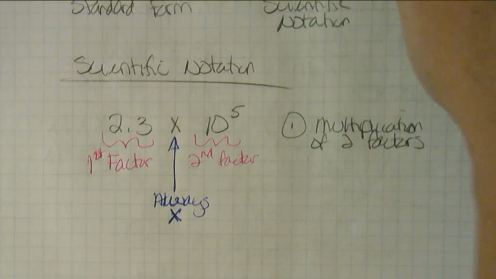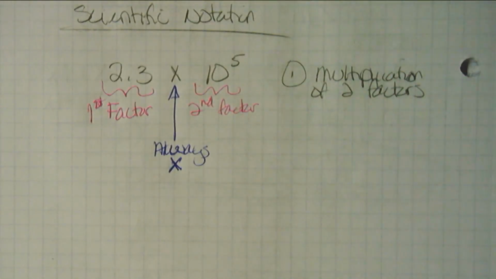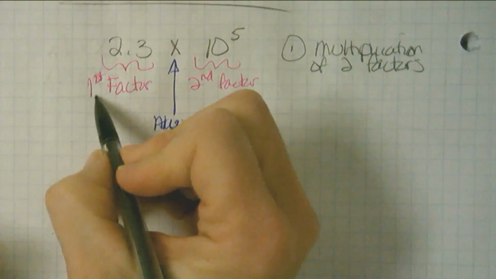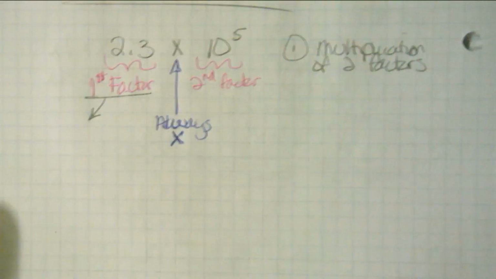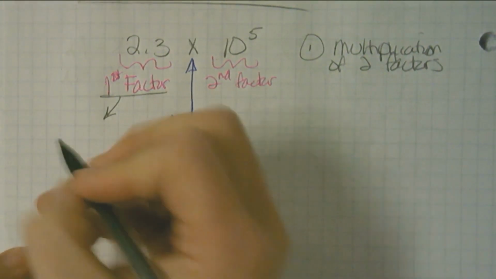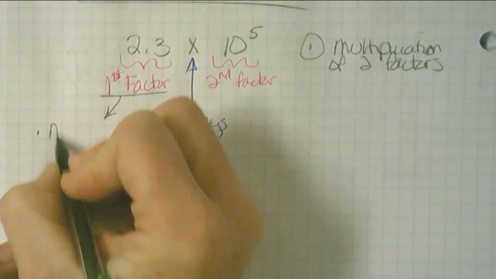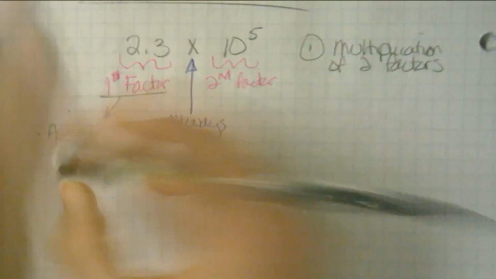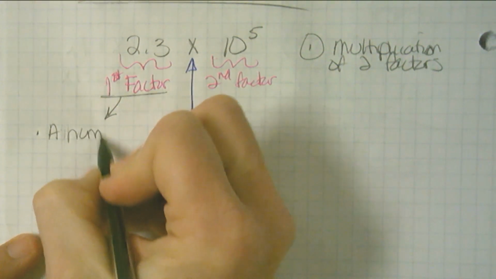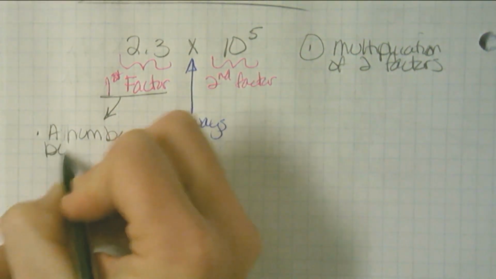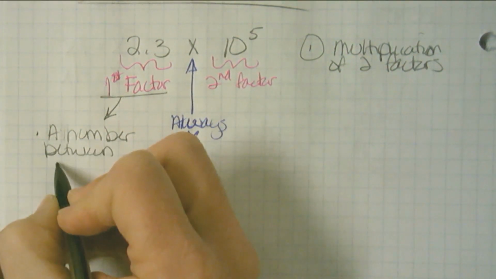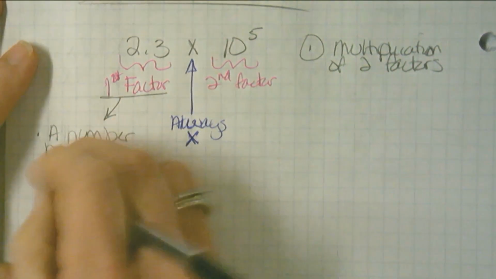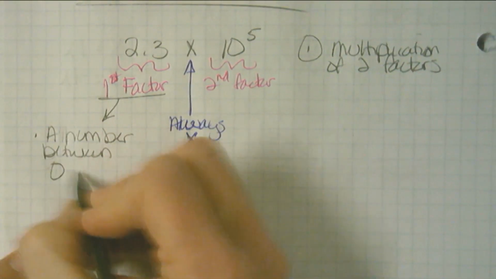So let's talk about the rules for our first factor. Our first factor is a number between 0 and 9.